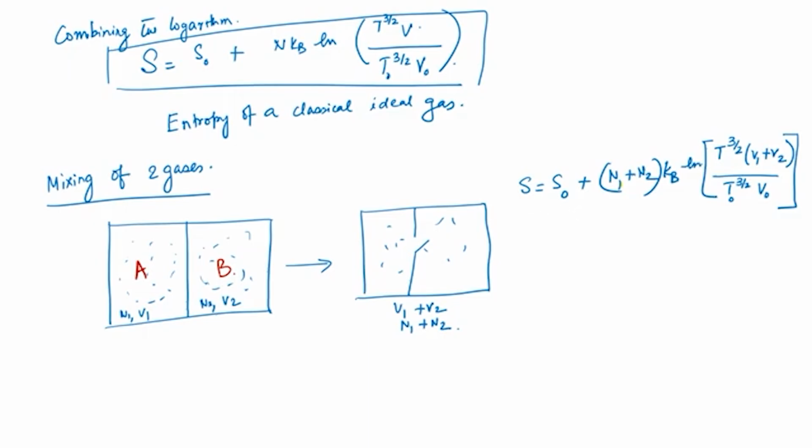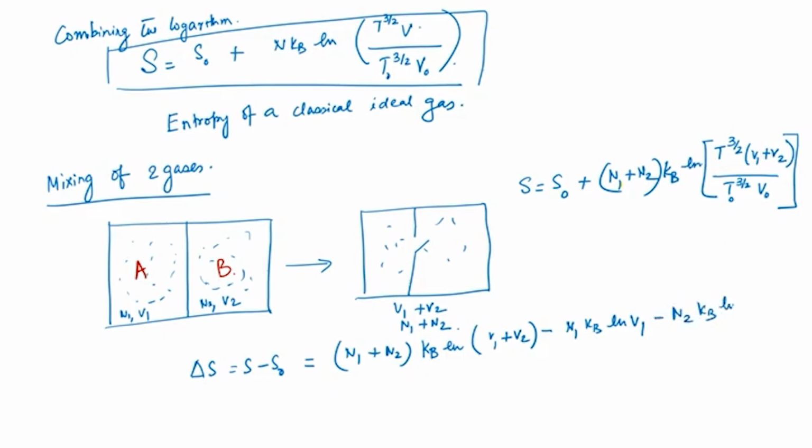So, the change in entropy is given by delta S, which is S minus S 0, and is simply equal to, if we open all of them, (N 1 plus N 2) K log of (V 1 plus V 2), minus N 1 K log of V 1, minus N 2 K log of V 2.